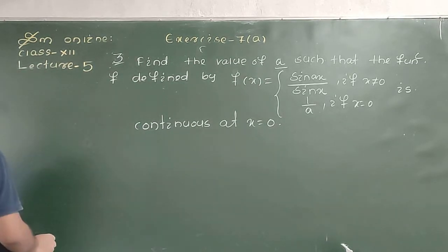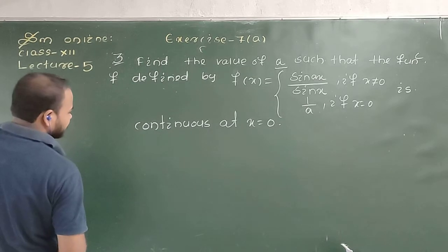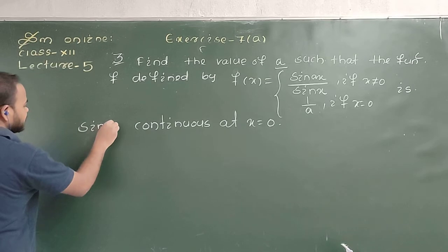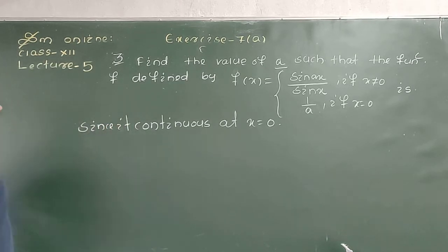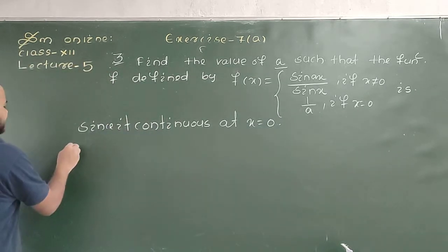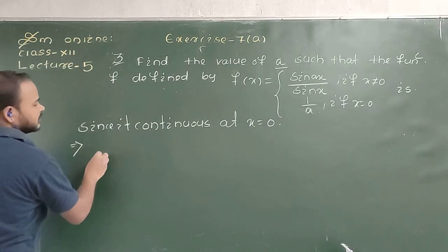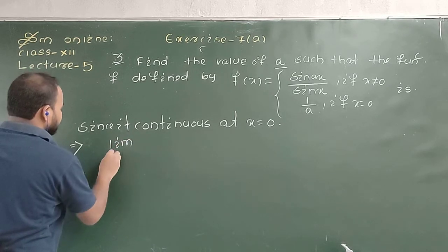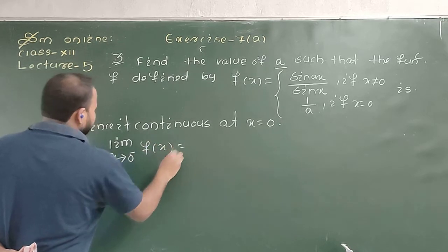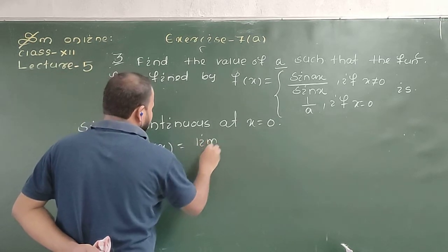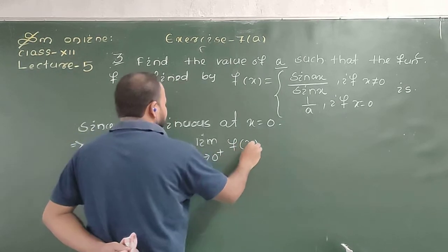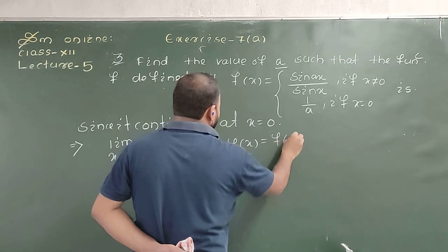Since it is continuous at x equal to 0, it implies that limit x tends to 0 minus f of x equal to limit x tends to 0 plus f of x equal to f of 0.